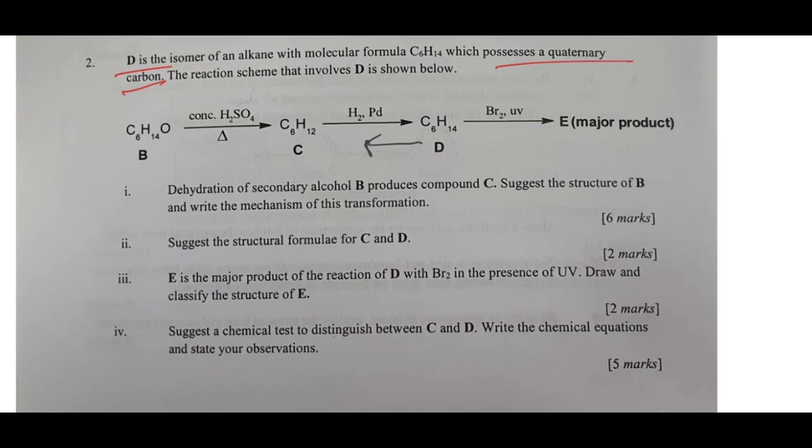And since this is hydrogenation, C must be an alkene. Okay, C must be an alkene. All right, so the possibility of alkene is this one. We go to C. I go to the next page.